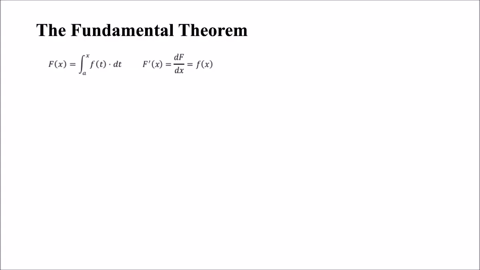This is the first part of the theorem. Newton and Leibniz established the second, more useful part. If we know a function big F prime equals small f, then the integral from a to b of f(x) dx equals big F at b minus big F at a.